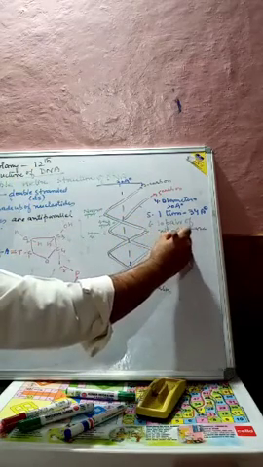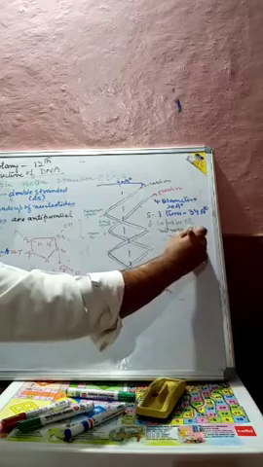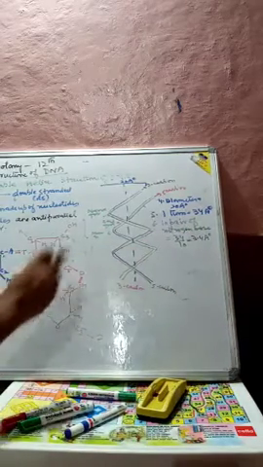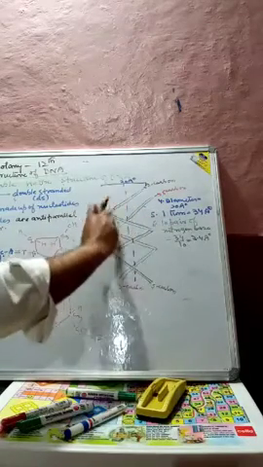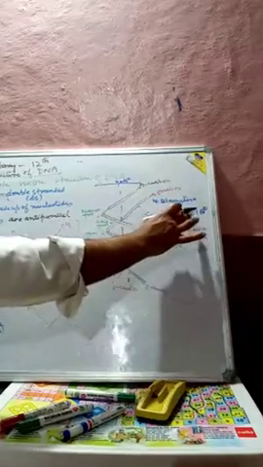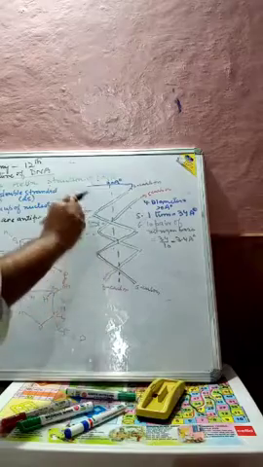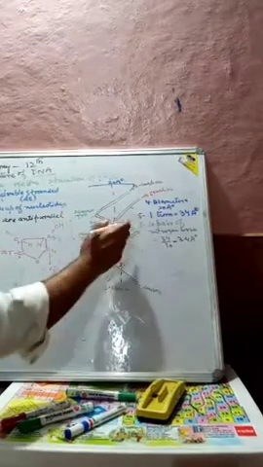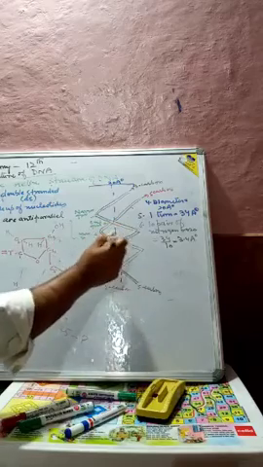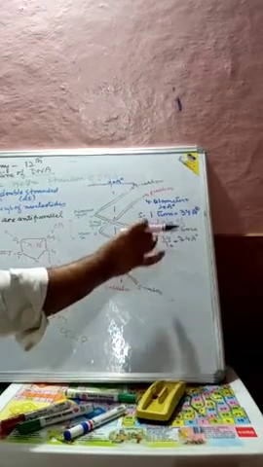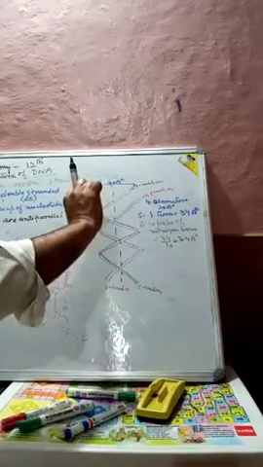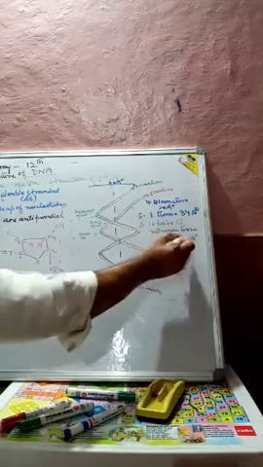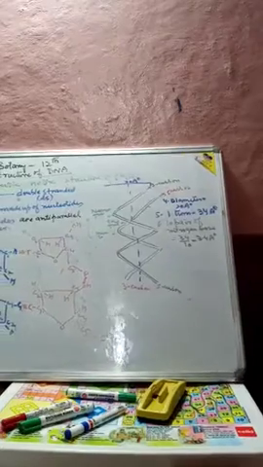That is simply 34 divided by 10, equal to 3.4 angstroms. So one turn of this DNA helix is 34 angstroms, and in each turn there are about 10 pairs of nitrogen bases. The distance between the two consecutive nitrogen bases comes to 3.4 angstroms.